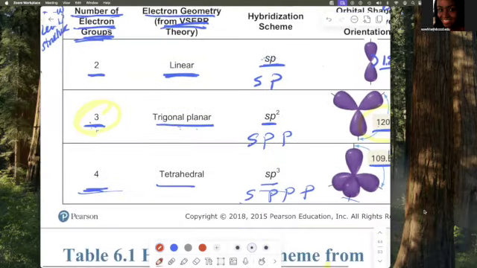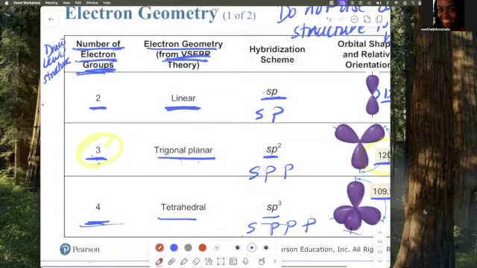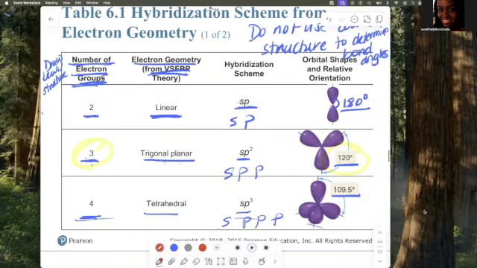So for this part here, we have a table that summarizes what I've been talking about so far. Remember, you want to start with your Lewis structure. From the Lewis structure, count your electron groups. Remember, one lone pair counts as one electron group. A single bond by itself is one electron group.